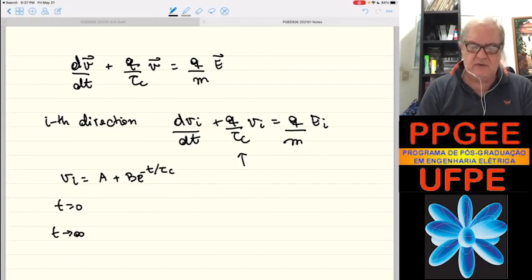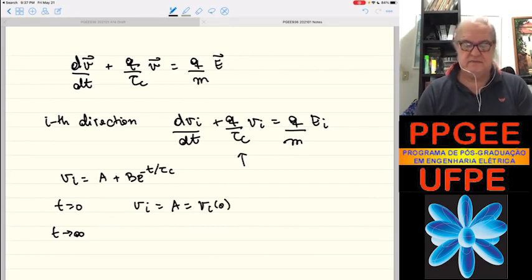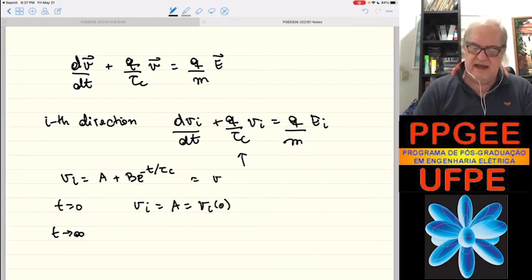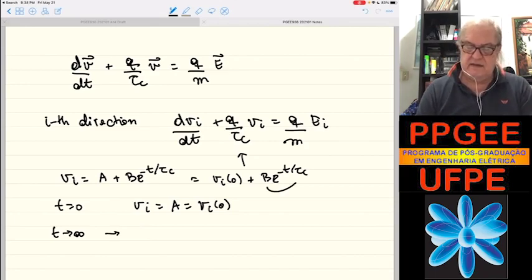Then we go at t equals 0, and at t very large, when everything doesn't change anymore. I'm sorry, I think I made a mistake here.